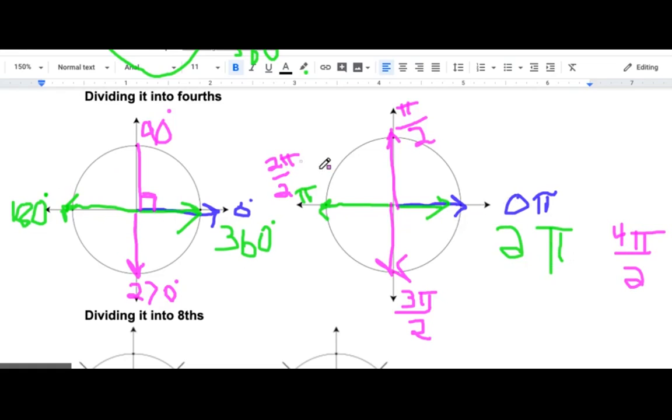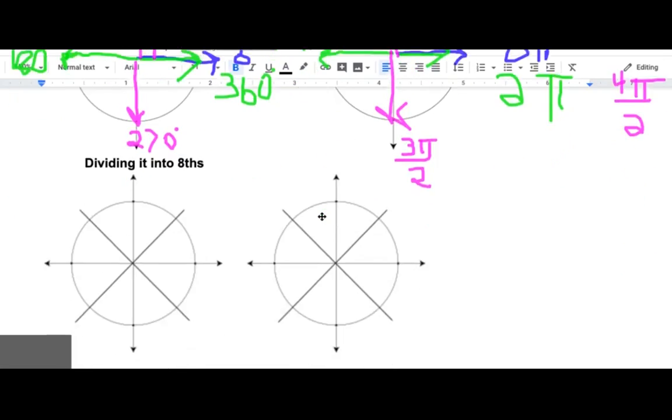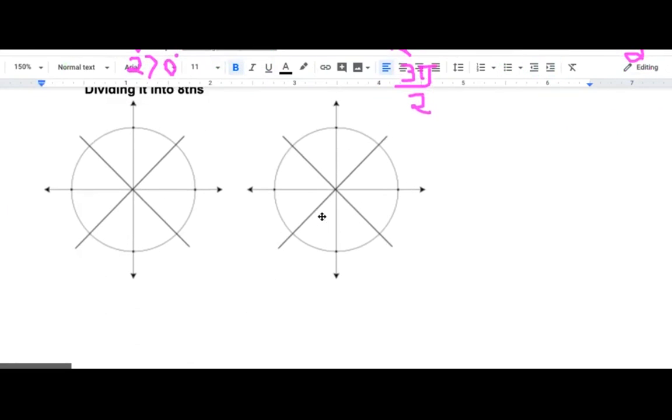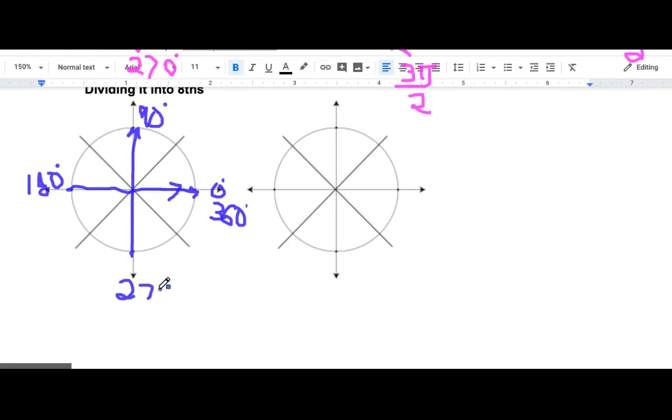So this is what happens when you divide the unit circle into fourths. They also divide it into eighths. So again, I'm going to quickly just run through and without talking, fill in everything that we already know. So that's what we knew in our degrees.